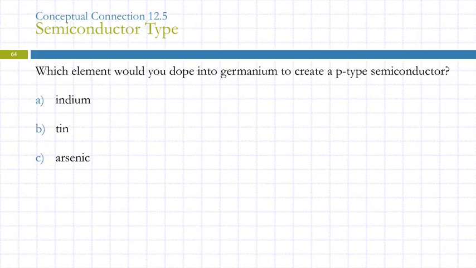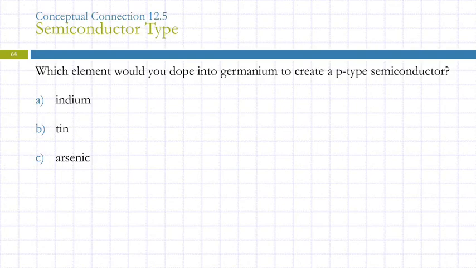So this sort of a question could show up on that exam. Which element would you dope into germanium to create a p-type semiconductor? Well, what does p-type mean? Does a p-type have extra electrons, or is it short electrons? It's short because p means positive. We're looking at positive holes moving. So it must have fewer valence electrons than germanium.